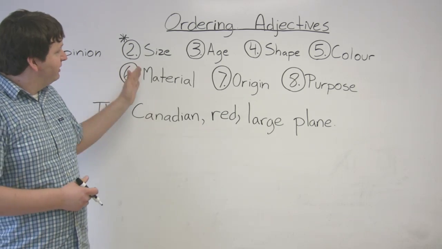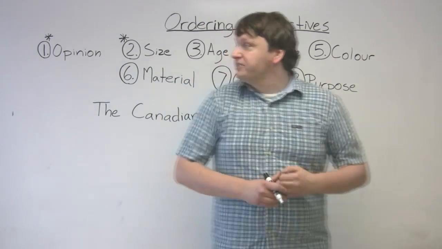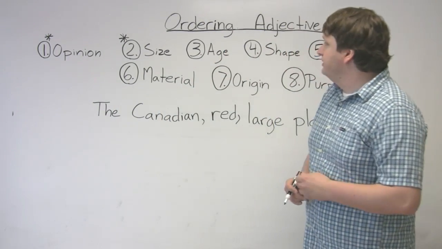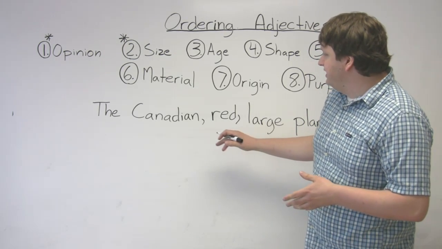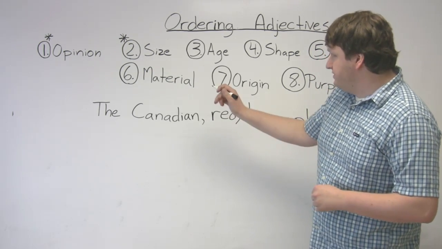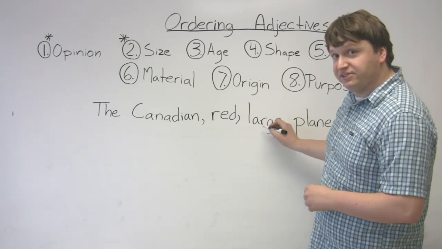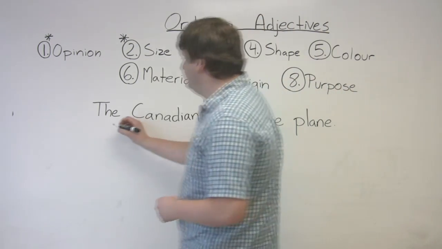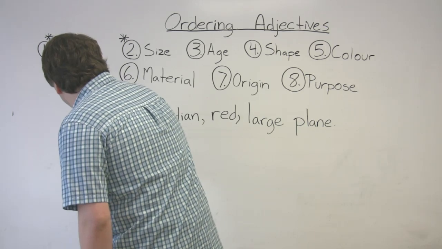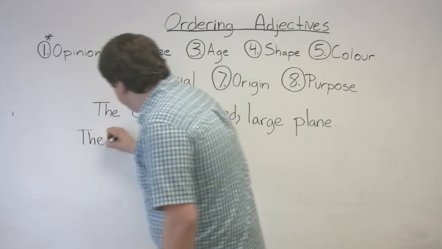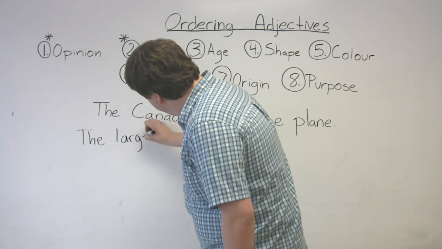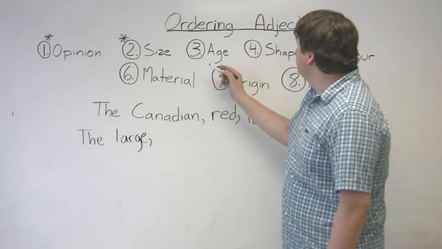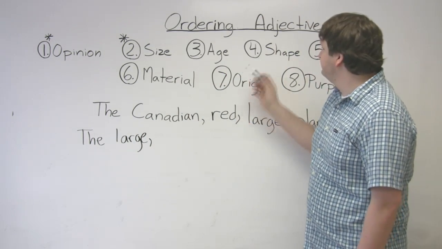Well, simply look at our chart. So what's the first thing we have to look at? Opinion. Is there really an opinion in here? Red, large, Canadian? Nope. Size. Okay, there's large. So first thing we would do is say the large. Age? Nope.